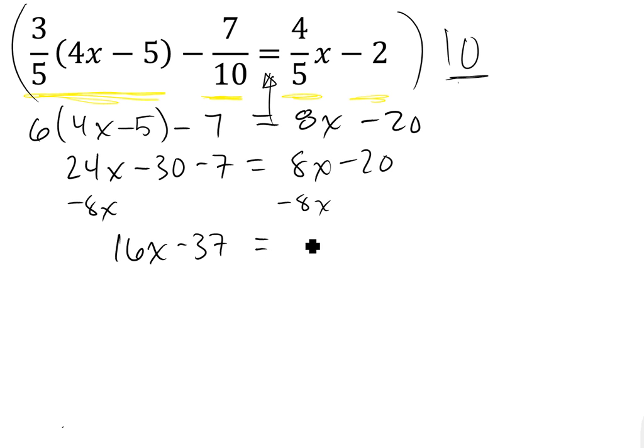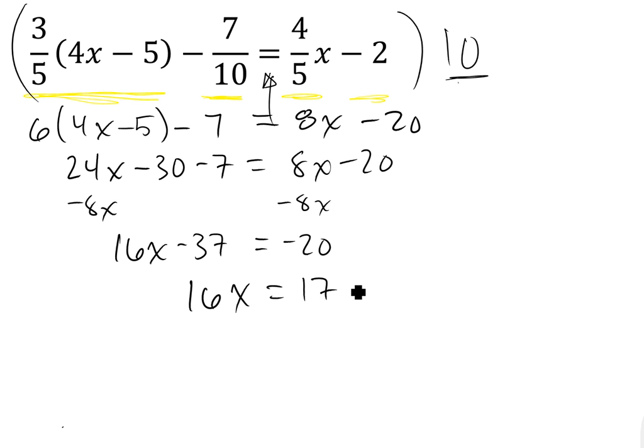Over here, that equals negative 20. And I'm going to add 37 to both sides. So that gives me 16 times x, and negative 20 plus 37 would be a positive 17.